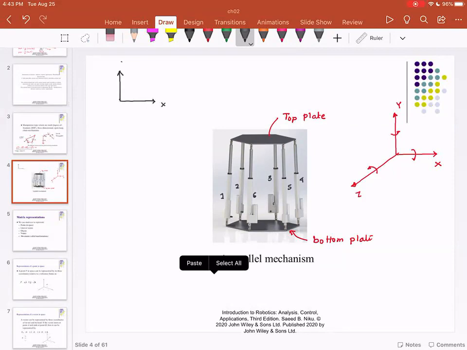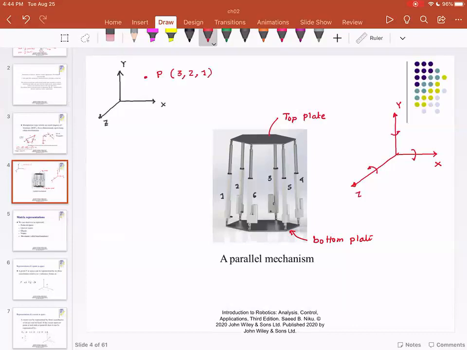You have X, Y, and you have Z. If you discuss a motion or a position of a point P in this 3-dimensional coordinate system, you would specify the coordinate as, say, 3, 2, and 1.